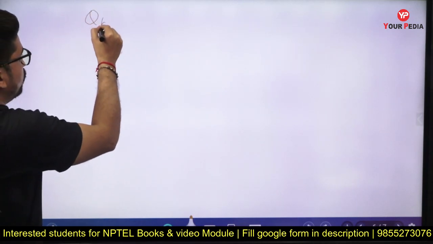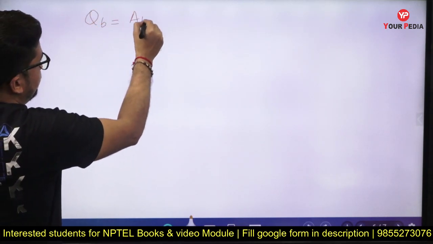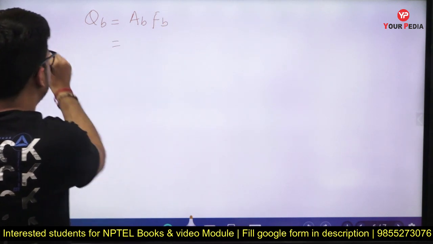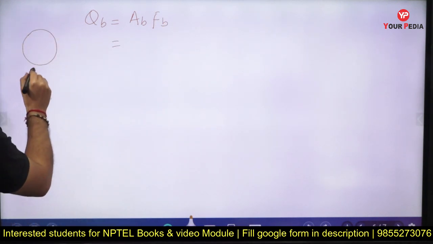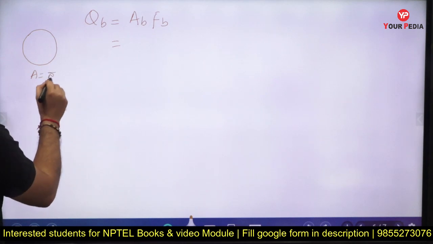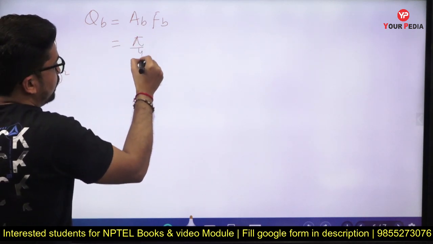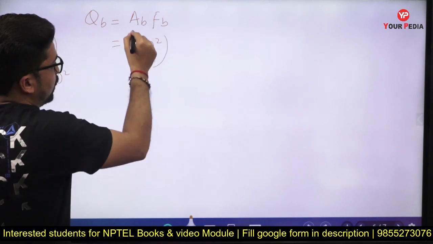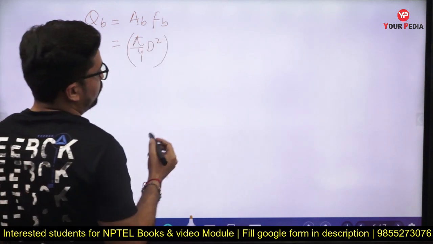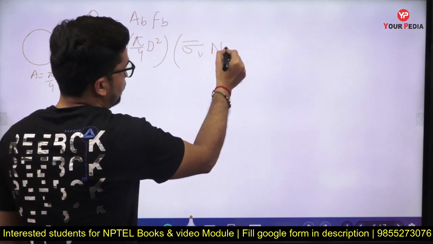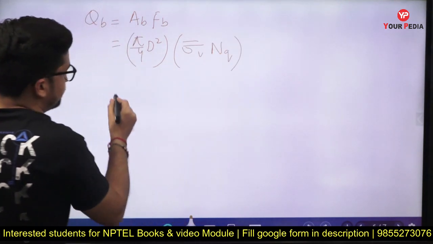So QB will be equal to area at base into FB, where area of base will be, so this will be a circular pile, so area will be pi by 4 d square. So this will be pi by 4 into d square into FB, which is already known to us, which is sigma bar vertical into NQ. All you need to do is substitute the values.